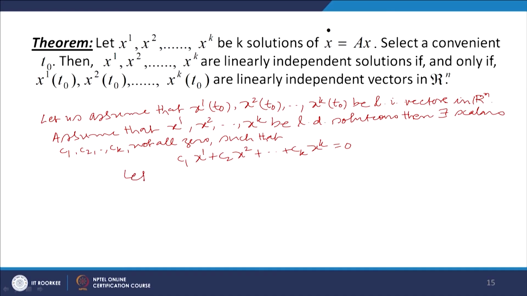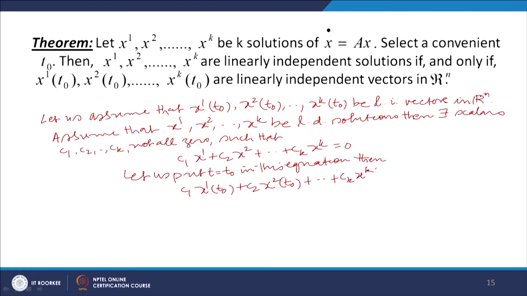Now, let us put t is equal to t naught in this equation. Then we get C1 x1(t naught) plus C2 x2(t naught) and so on Ck xk(t naught) equal to 0, okay, which implies that the k vectors x1(t naught), x2(t naught) and so on xk(t naught) are linearly dependent vectors in Rn.